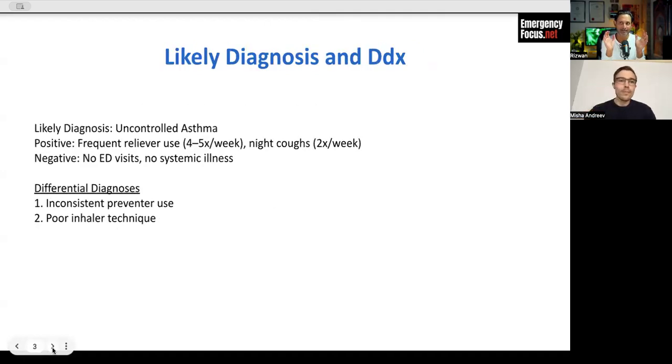Because I'm not playing the role, I'll just dissect this scenario: what is this scenario all about? This scenario is about uncontrolled asthma. I think everybody knows that very well. And why do we know that it's uncontrolled asthma? Because there is frequent reliever use.